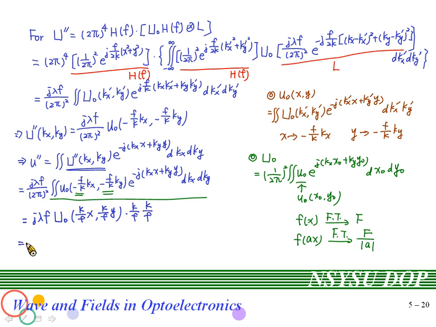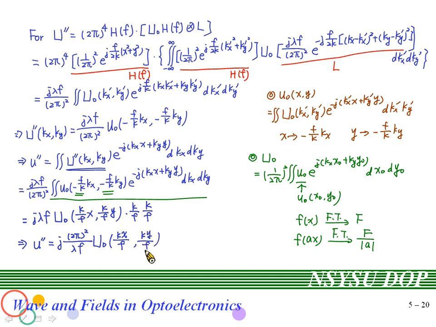You will obtain that the U double prime, the diffraction amplitude at the final point, can be obtained as J times the square of 2 pi divided by lambda F and times capital U0 of K times X over F and K times Y over F.